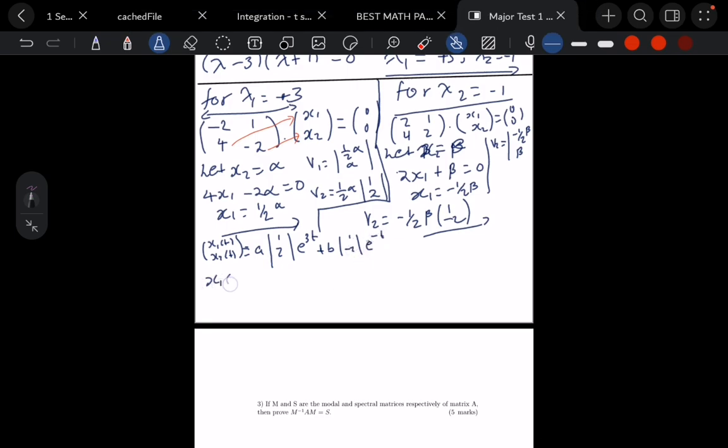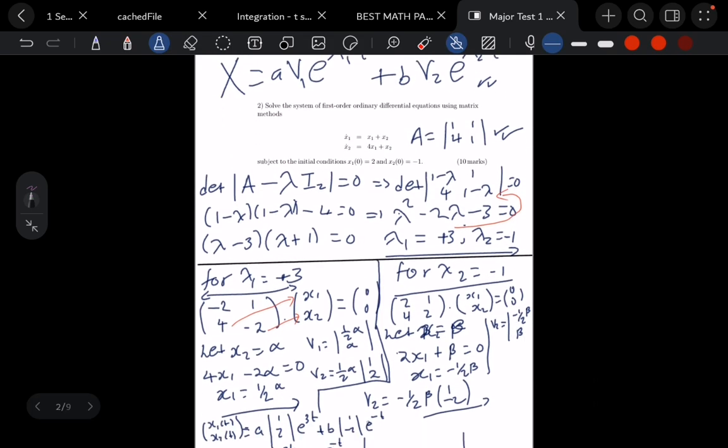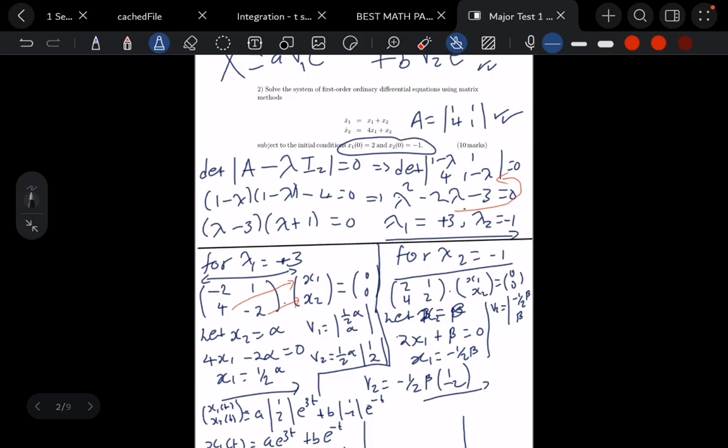Which is the same thing as x1 of t is a e to the power 3t plus b e to the power negative t, and then x2 of t is 2a e to the power 3t minus 2b e to the power negative t. Right. The next thing that we are going to do, we need to substitute these initial conditions.